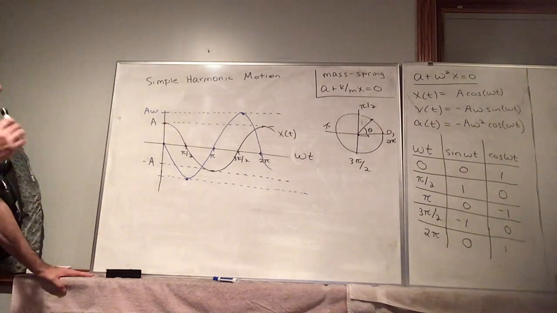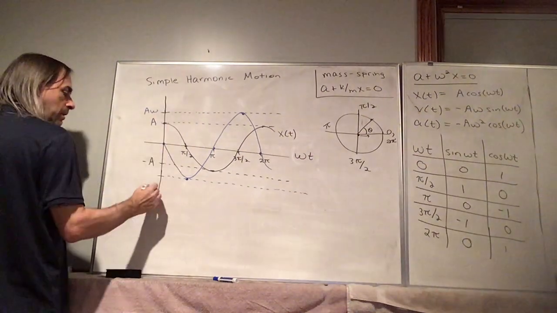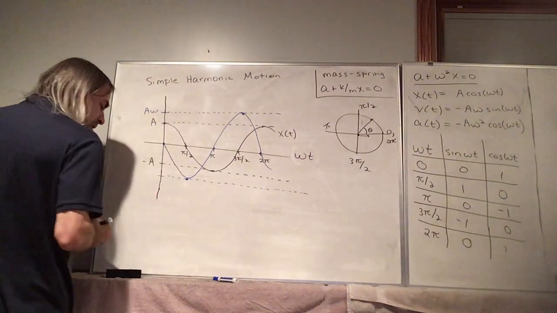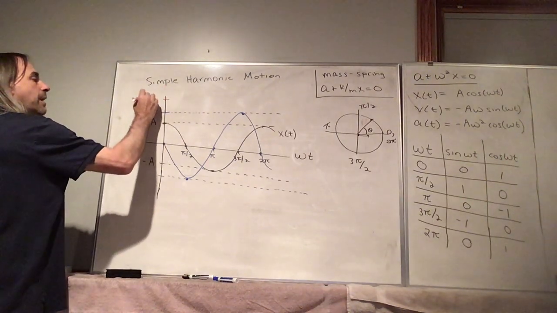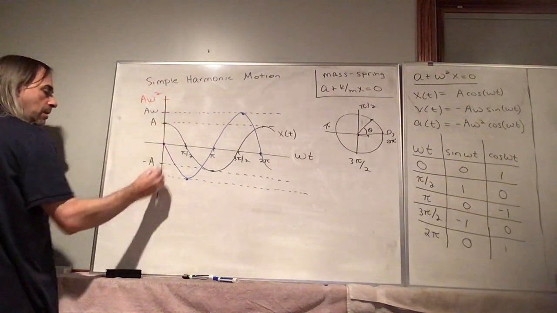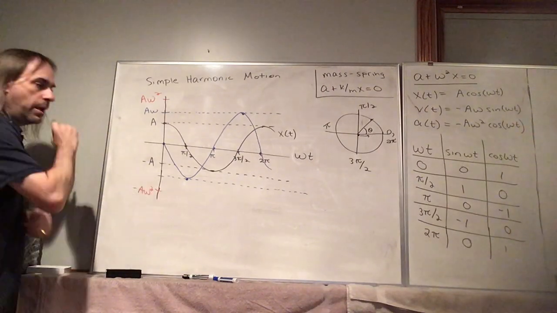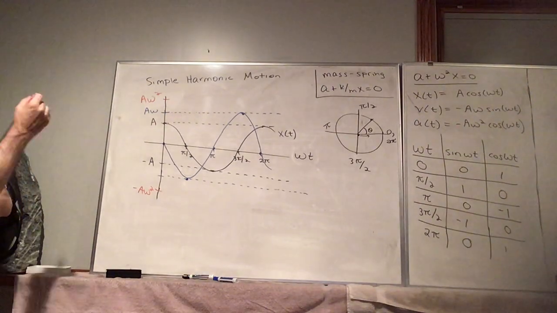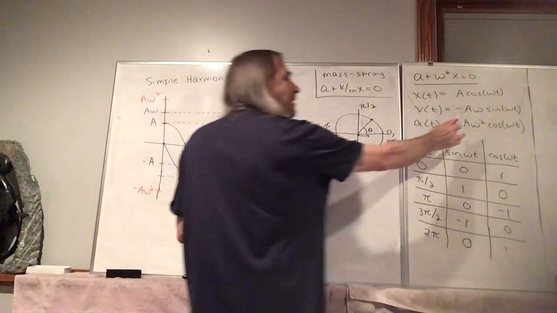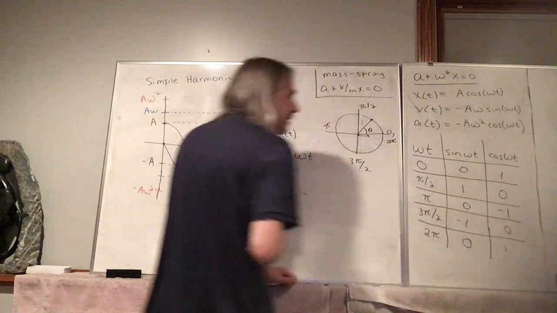Okay. Why don't we do acceleration while we're at it? So we'll have a new amplitude here and a new color. So it's red. Let's say this is A omega squared, and this would be minus A omega squared. And now we basically have this cosine plot, just with a different amplitude, but now we have a minus sign in front. So we're going to have minus 1, 0, 1, 0, minus 1.